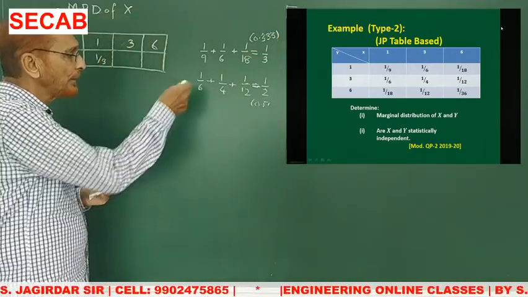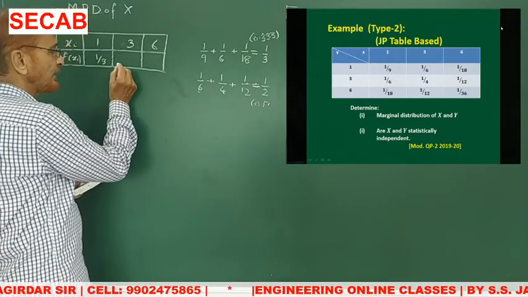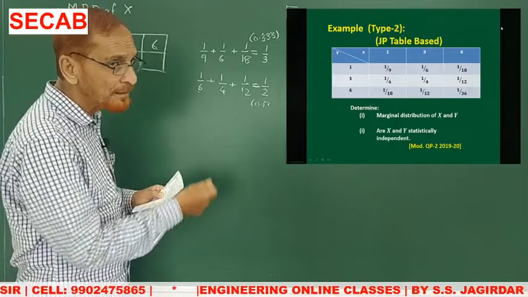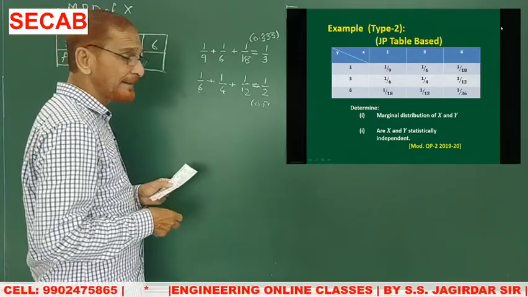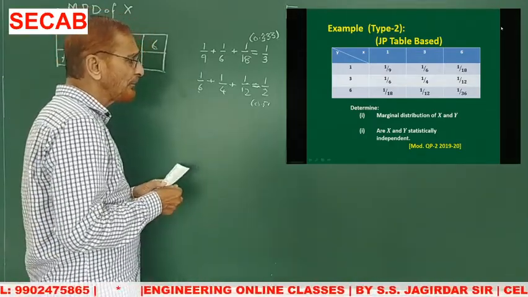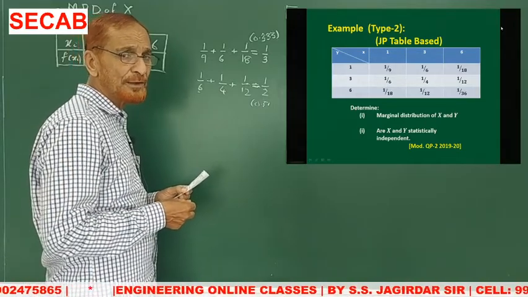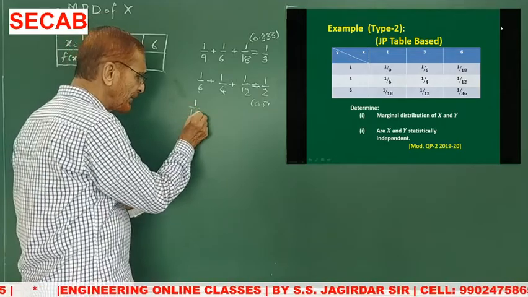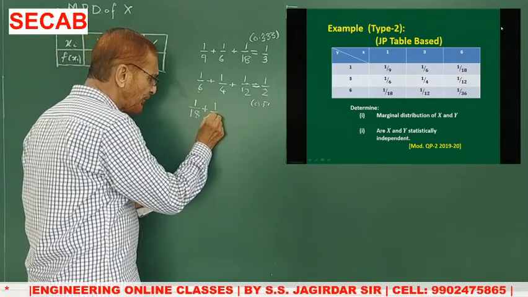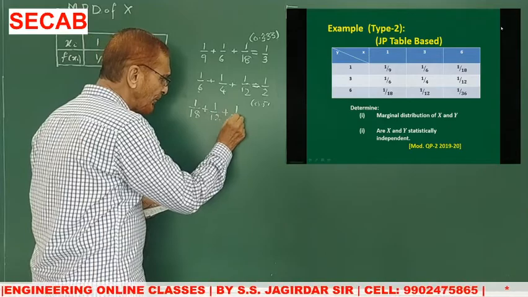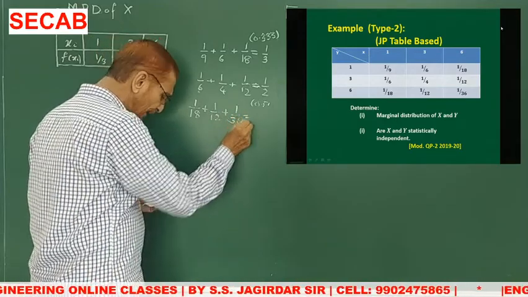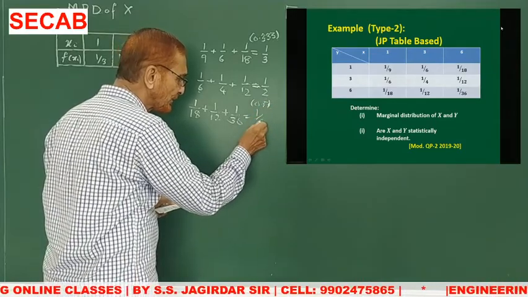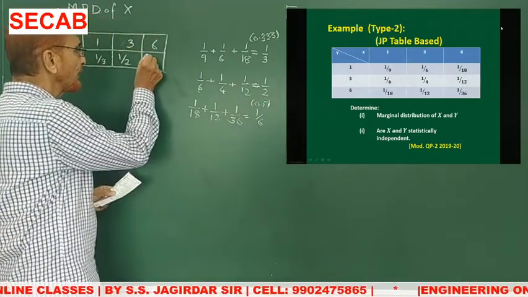You can write either in fraction or in decimal. The third value is 6. Against 6 the values are 1 upon 18, 1 upon 12, 1 upon 36. When you add all these and simplify, you get 1 upon 6.